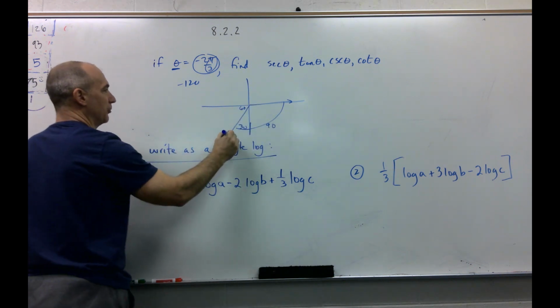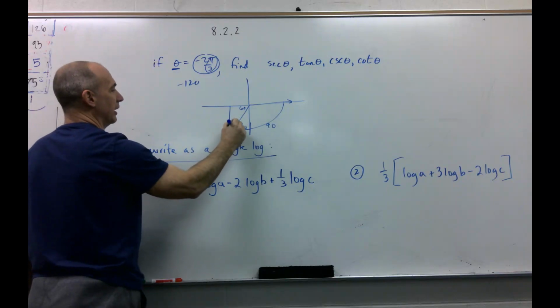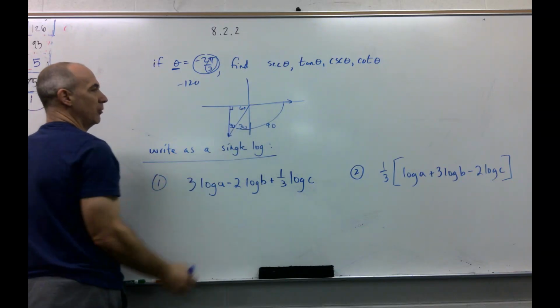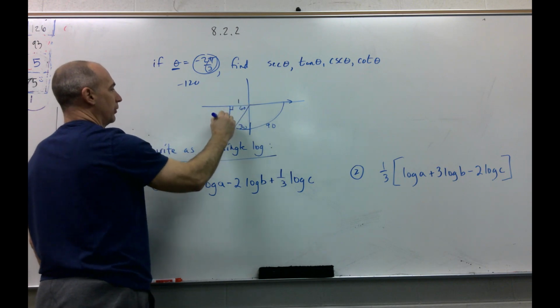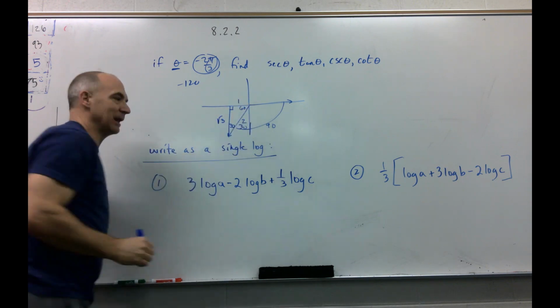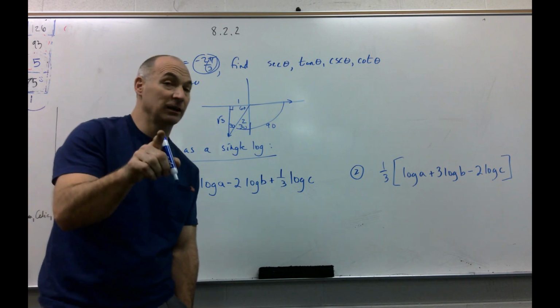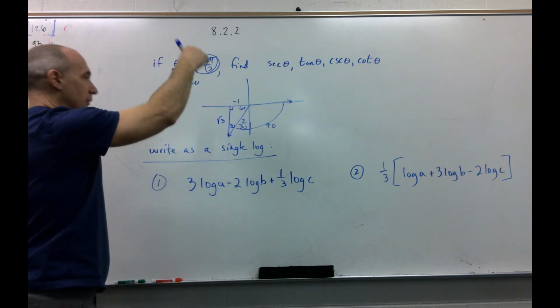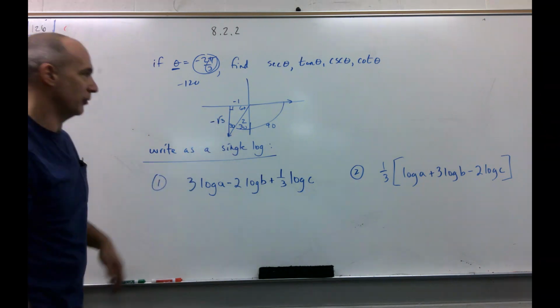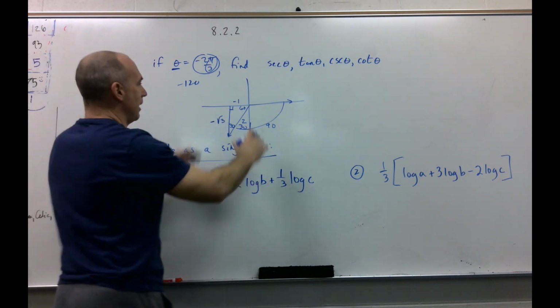Here comes your review of 30, 60, 90s. Again, they don't let go of that. So this is a 1, this is a square root of 3, and that's a 2. I made a tiny mistake. Can you see it? It's right here. That's got to be negative. Left 1, down. Oh, I made another one. Okay, here we go. Now I've got my dimensions.